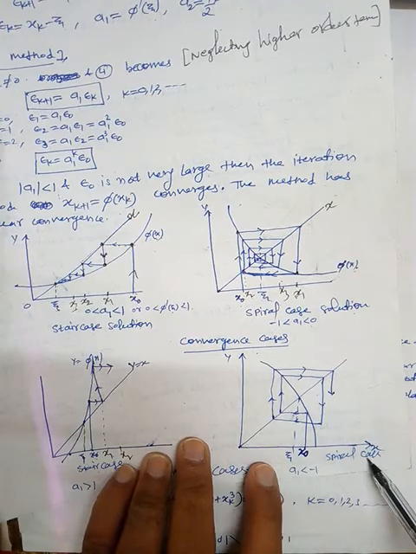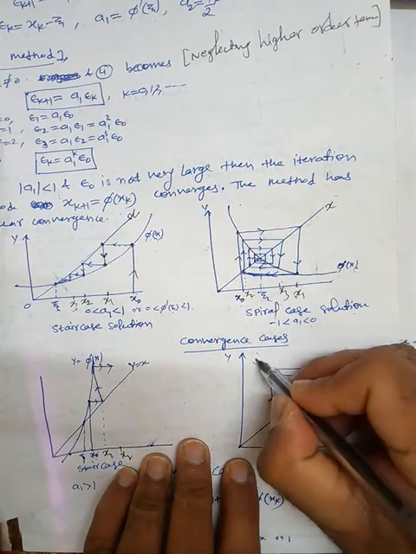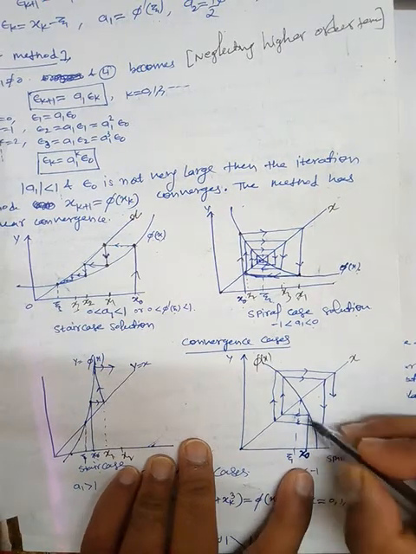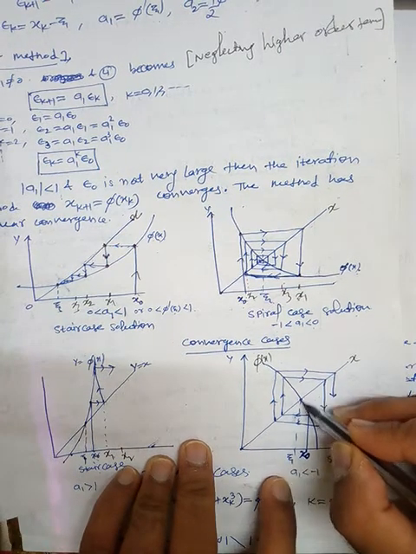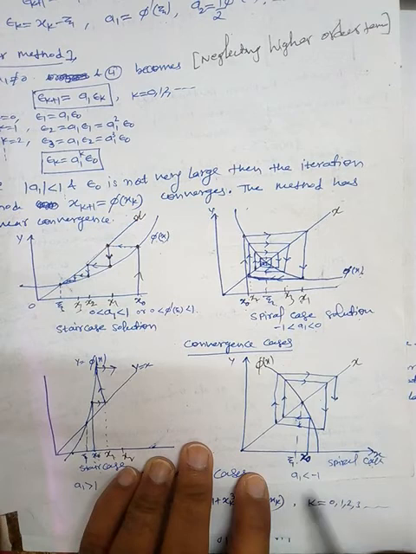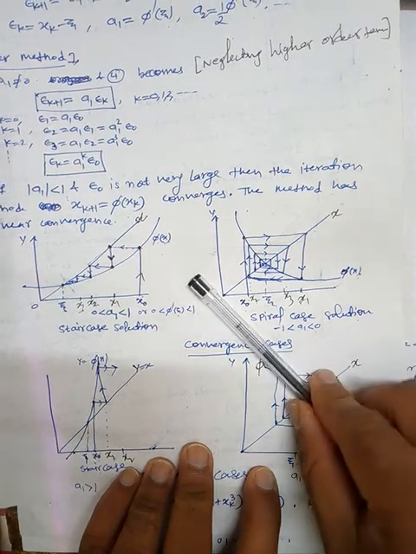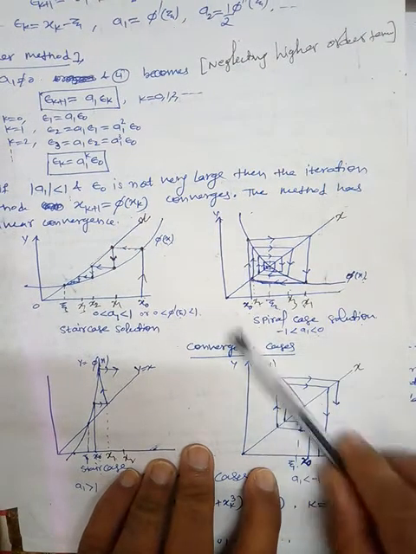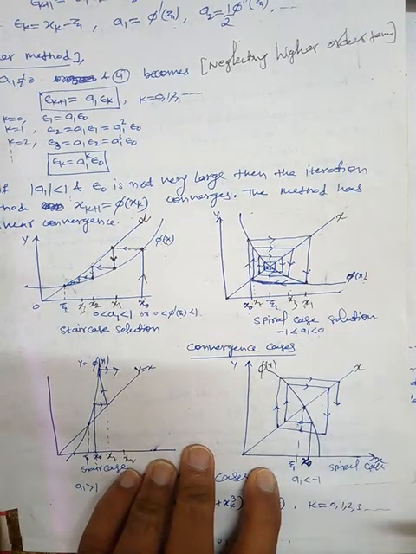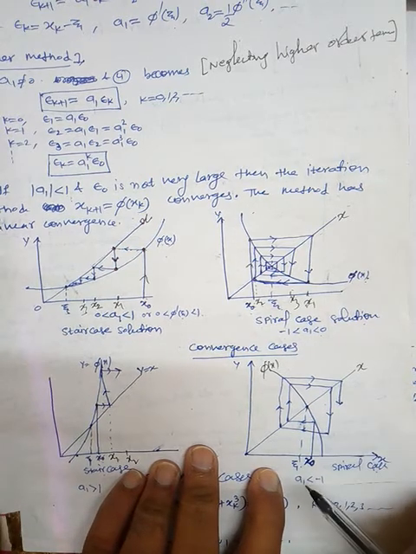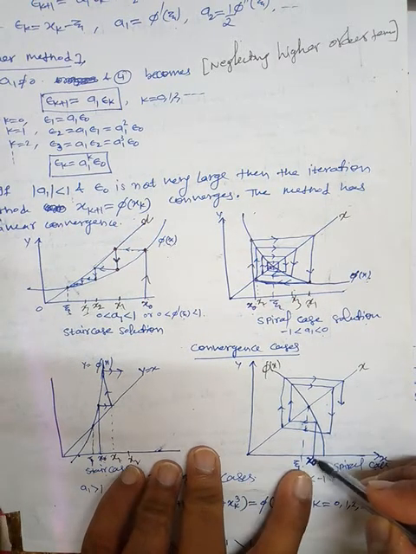Now in the fourth we have spiral case divergence. So here the curve is this, this is your phi of x, this is your x. We have started with this intersection point, this is phi. Here we are taking a1 less than -1. Okay, fourth case. So now that's why the slope is decreasing. We have started with this very close point.